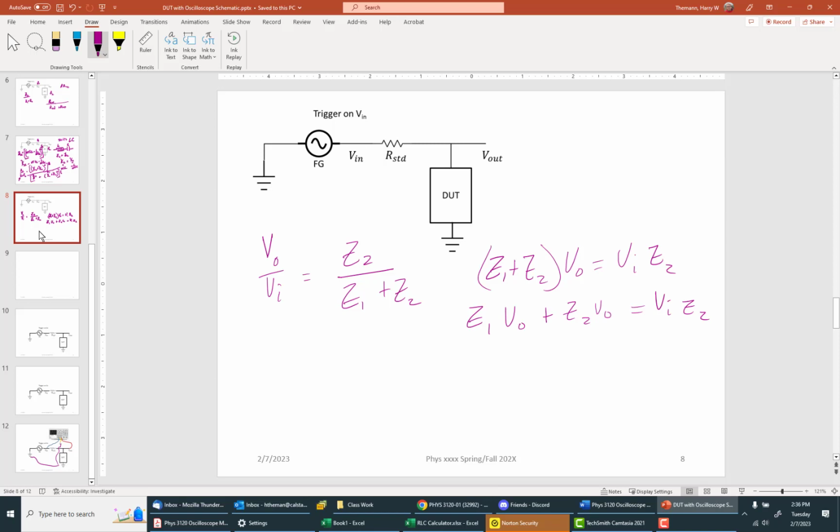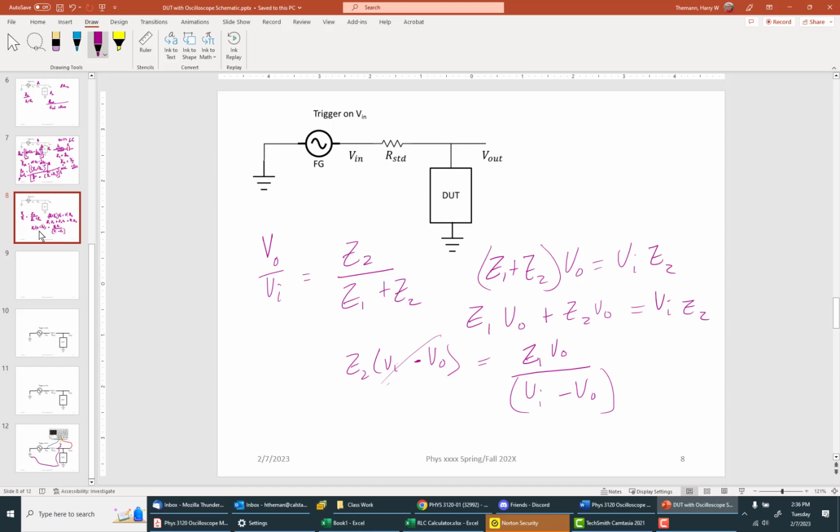So Z2 times V in minus V out equals Z1 times V out. And, oops, so then we can divide by this. There we go. So that's how we measure Z2.